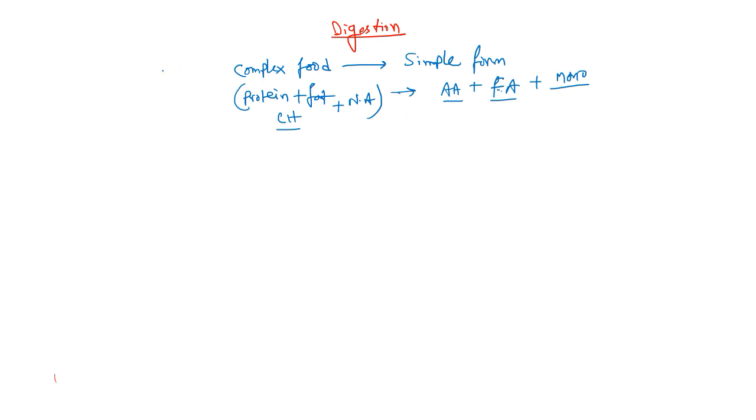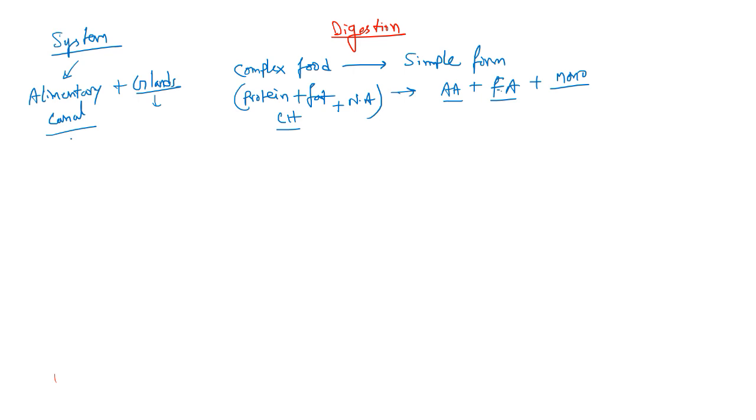So to aid the digestion we have a system, simply known as the digestive system. What is it composed of? It is composed of the alimentary canal, and it also contains glands. There are different glands present here which are involved in this process, and we'll talk about that.